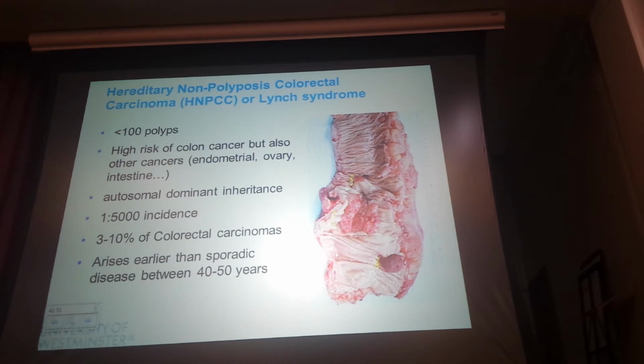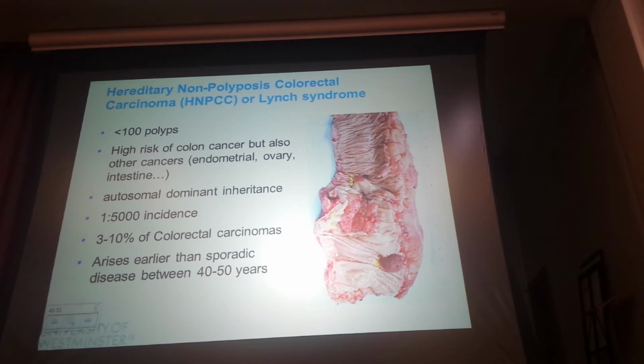Another example is HNPCC. It's also called Lynch syndrome. So if you do a bit of study and if you're interested in colon cancer, HNPCC is also called Lynch syndrome, and it's called Lynch because it was described by Henry Lynch. In that case, you have fewer polyps, less than 100 polyps. And there's a high risk of colon cancer in people having a mutation in these mismatch repair genes. But you can also have a higher incidence of other cancers, like endometrial cancer, ovary cancer, or intestine.